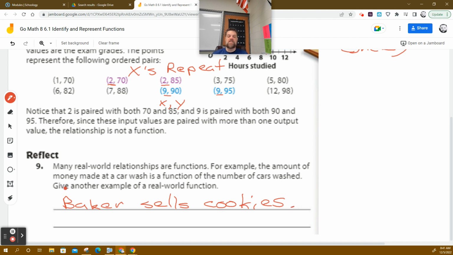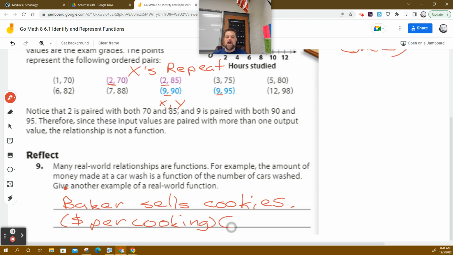So if the cost is, and then put in parentheses, dollars per cookie, like a dollar sign per cookie. Because if they sell 10 cookies, they're going to get $1 a cookie. If they sell 20 cookies, for every one unique output, so let's say something like that.